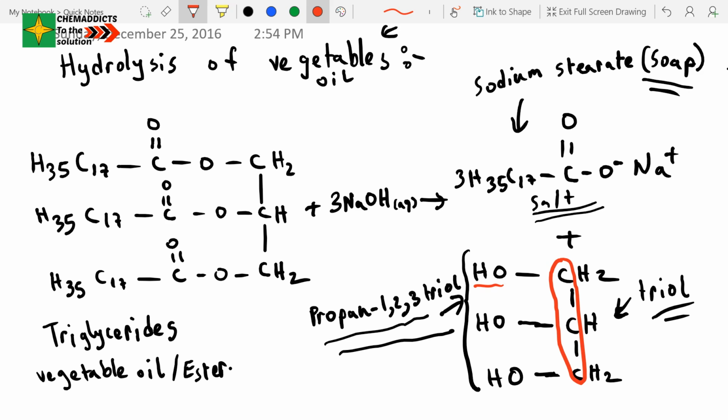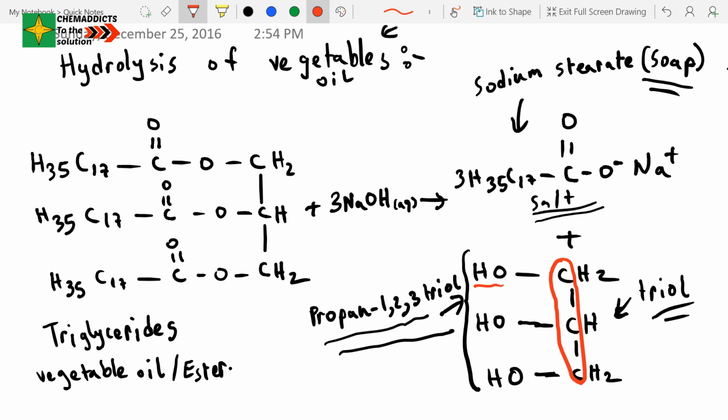They didn't ask about the name of the salt that is produced here, so we won't bother about it. The only thing we are concerned with is this product, the triol. Since it is a form of alcohol, and the question asks about the alcohol, we will just be concerned about this.